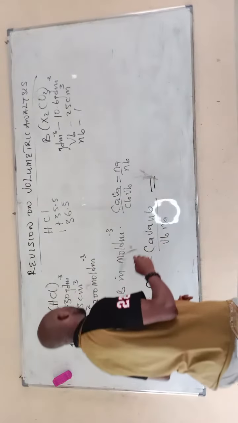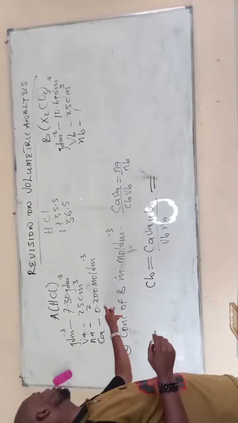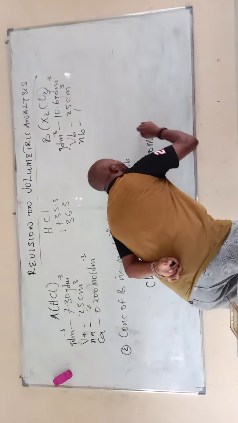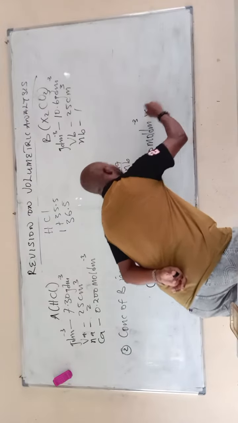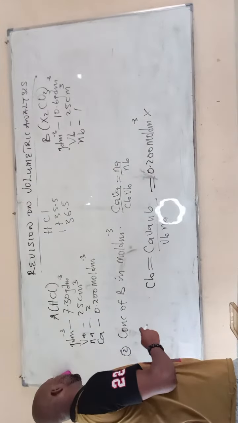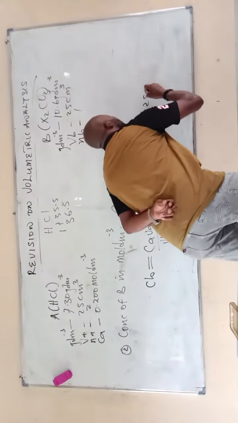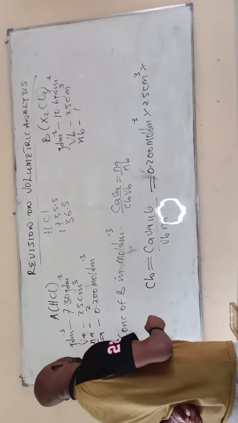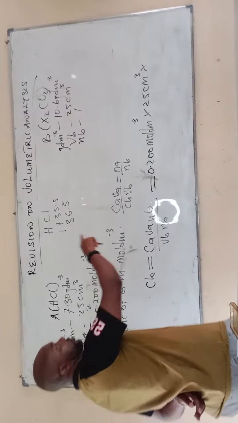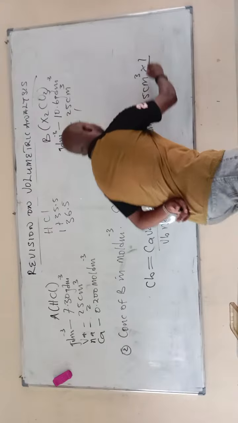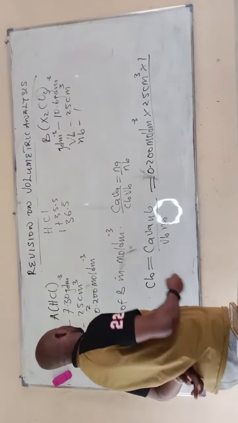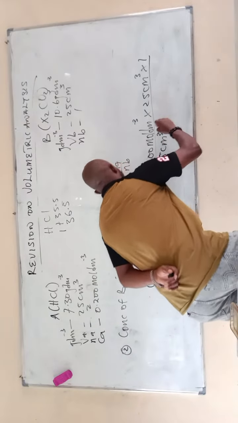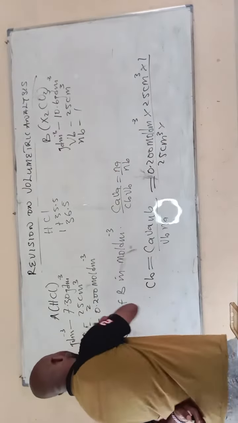So now, concentration of the acid is gotten to be 0.2. So I have 0.2 mole per dm3 times volume of the acid, VA, is 25 cm3, times number of moles of the base, NB, is 1, all over volume of the base is 25, times number of moles of the acid, NA, is 2.